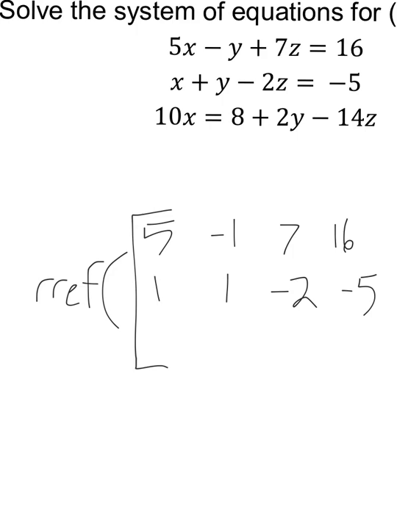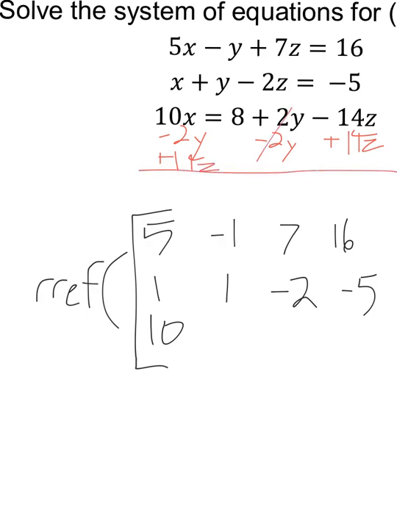So the third problem has a 10x, but then the 2y and 14z are out of place. So let's subtract 2y over, and let's add 14z over to get it to the other side. So if things are out of order, you know how to put them in order. Just add or subtract them to the other side of the equal sign.